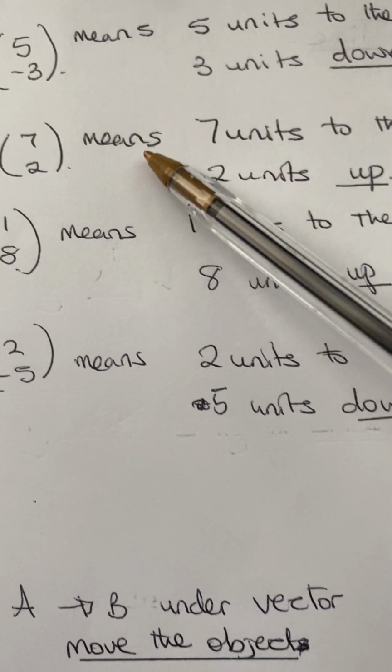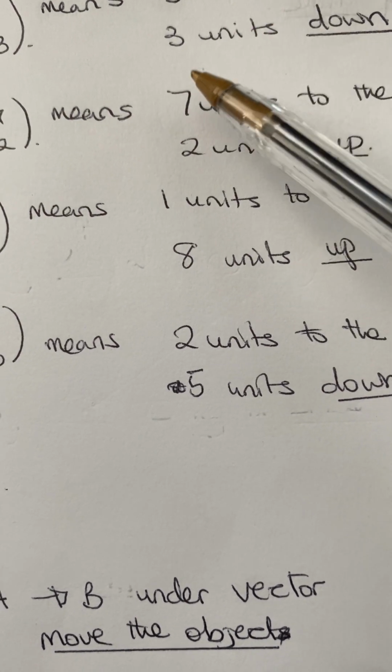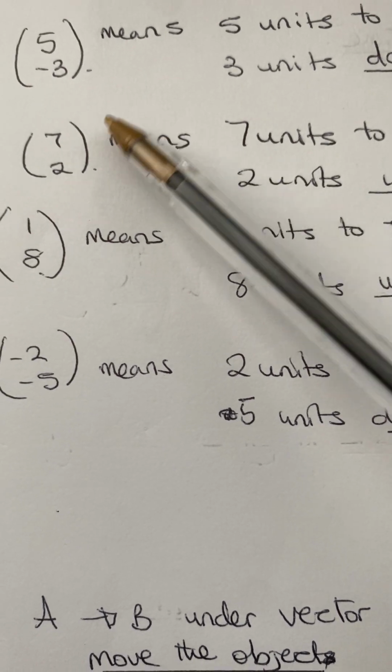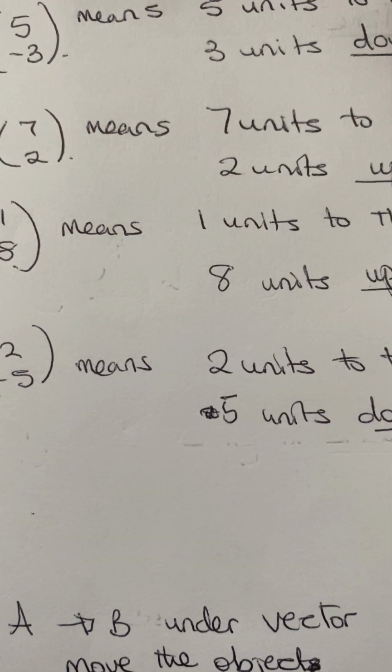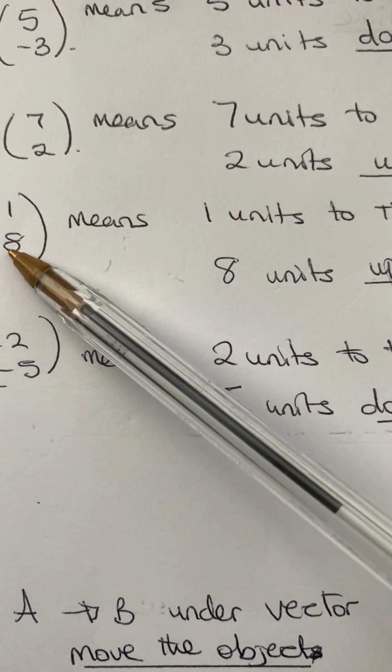So the positive on the y means up, the negative on the y means down, the positive on the x means right, the negative means left.